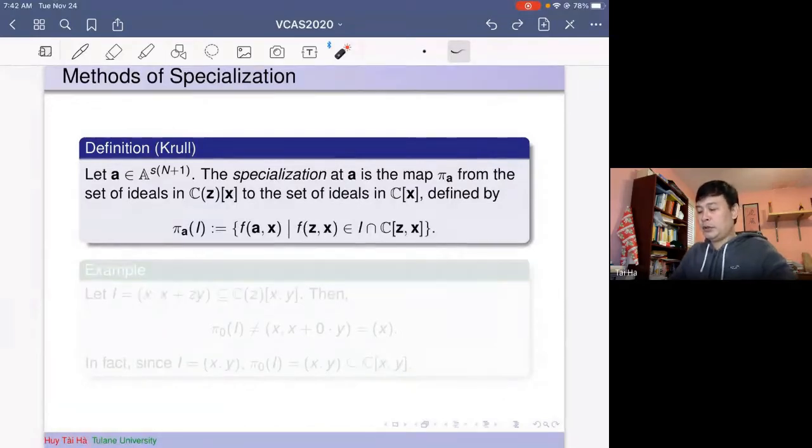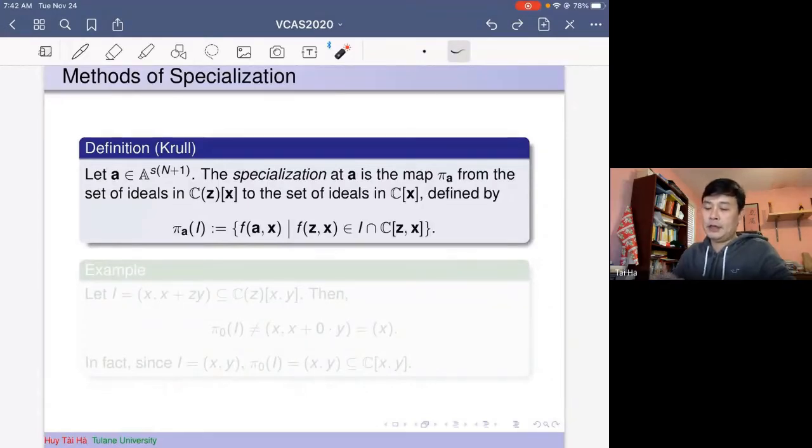One of the general methods that we use, and people have used before, is by specializations. The technique of specializations goes back to Krull in the 40s.